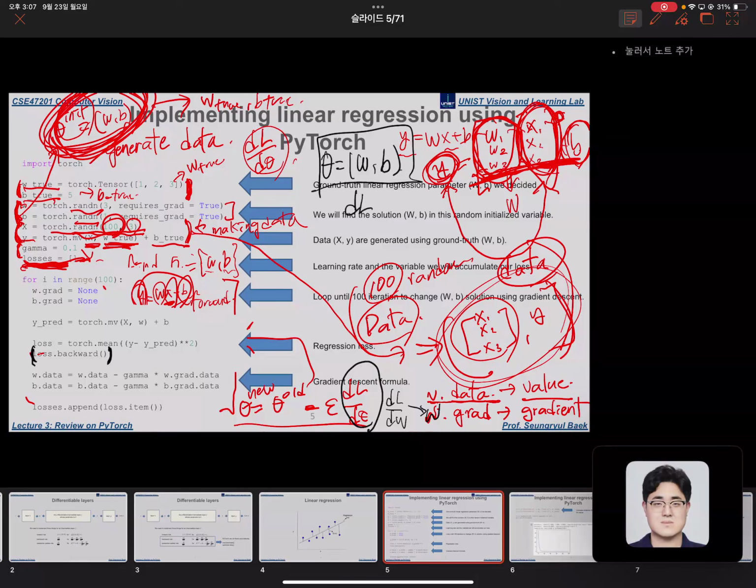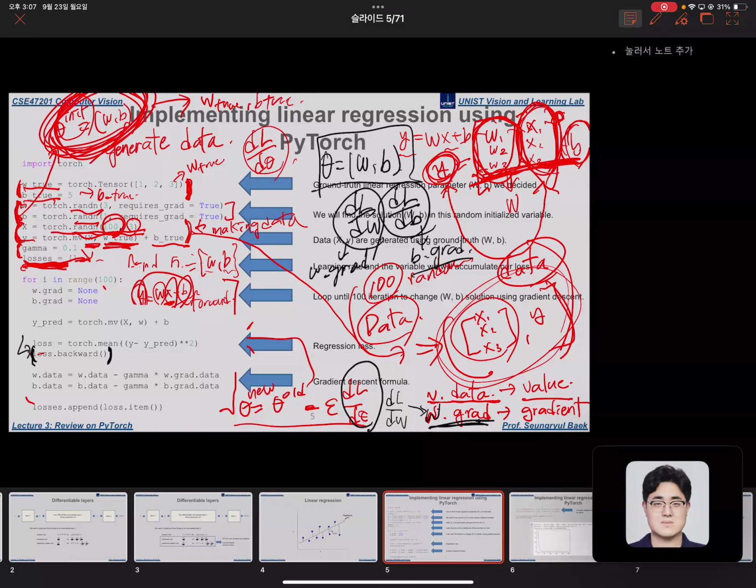So dL/dW and dL/dB are assigned to W.grad and B.grad.